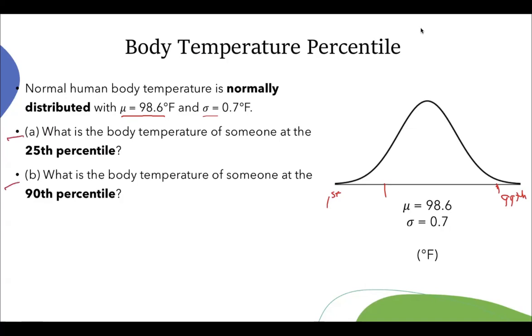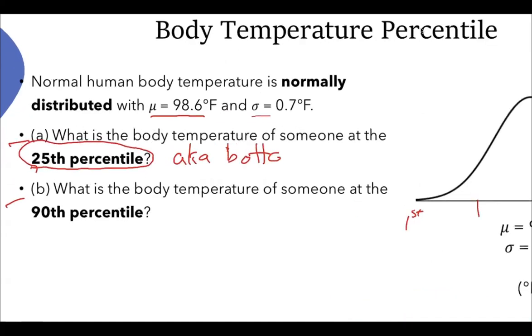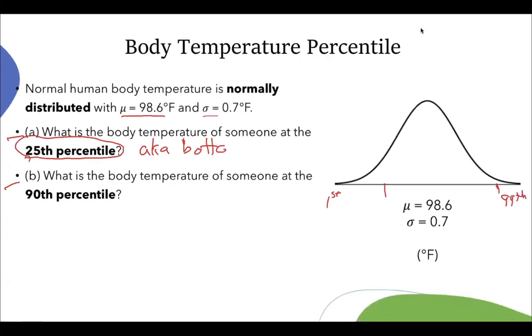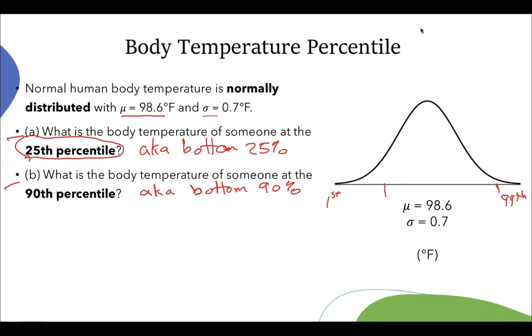So with A, again, we're always dealing with area on the left when we're referring to percentiles. So the 25th percentile is also known as the bottom 25%. And the 90th percentile is also known as the bottom 90%.